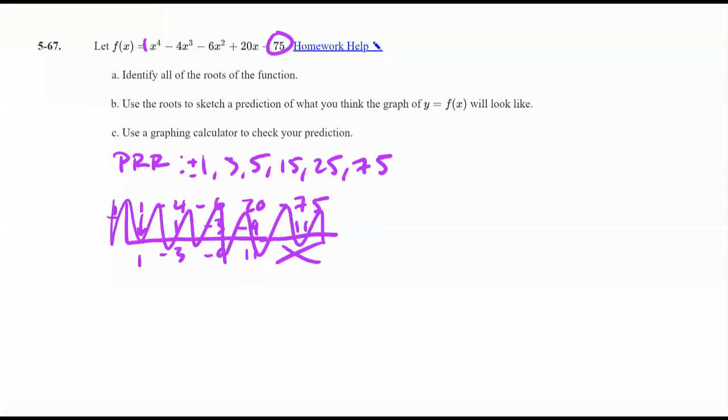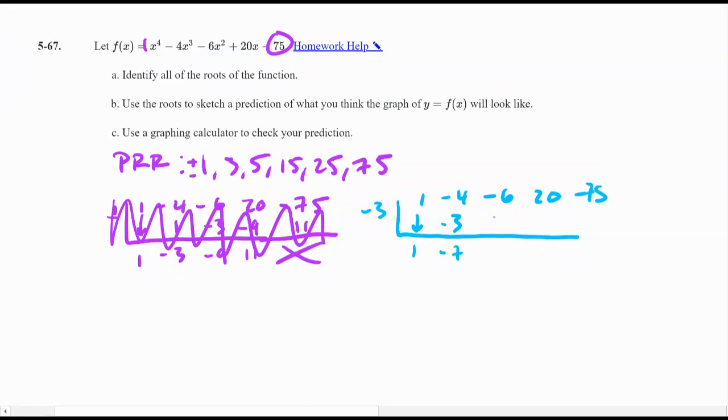Now, usually I would go up, do -1 and then 3 and then -3. But because I don't want to waste time in this video, I actually know the answer because I've already done this one before. So I'm going to go ahead and do -3 and show you how it works. Multiply and add, multiply and add. Where are we at? 15, 45, -25, and 75.